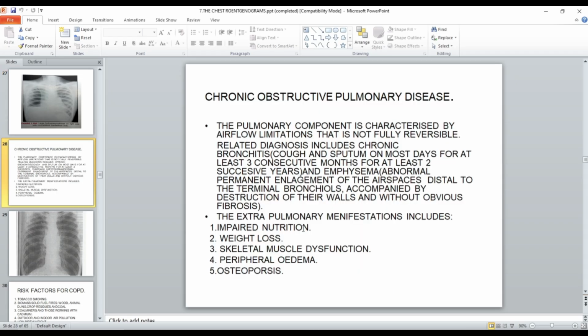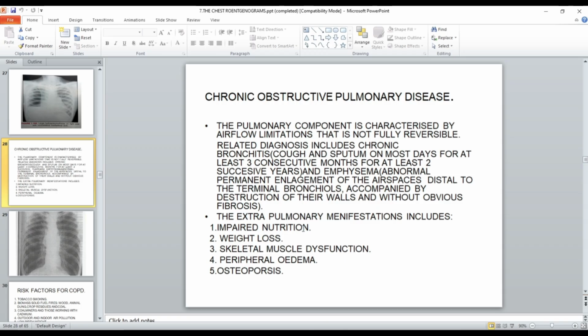Chronic obstructive pulmonary disease. The pulmonary component is characterized by airflow limitation that is not fully reversible. Related diagnoses include chronic bronchitis: cough and sputum most days for at least 3 consecutive months for at least 2 successive years.